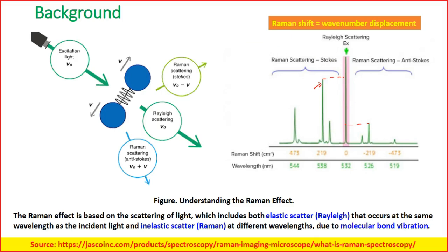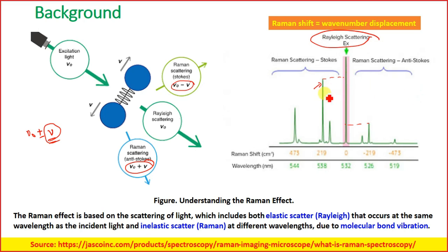Further, how much deviation of the frequency, mu 0 plus or minus mu, is happening from the Rayleigh scattering, that positional shift will also give you information about the molecule.